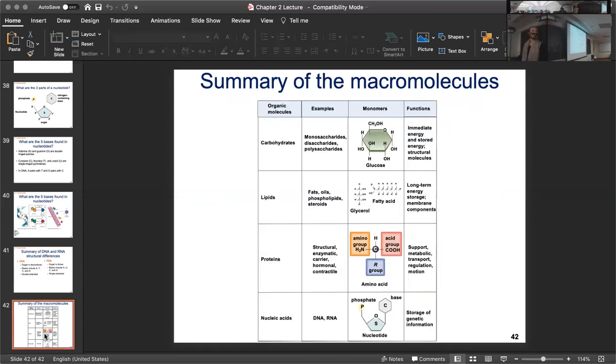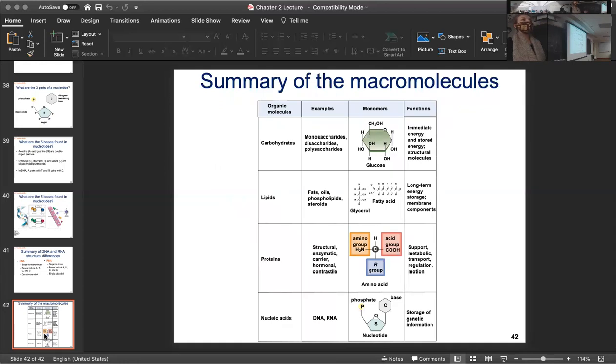All right, the last slide of the day. Here's a summary of the macromolecules. The 4 macromolecules, the examples. The word monomer just means building block, or like what's it made of. Carbohydrates are made up of a monosaccharide or a glucose, a single ring.